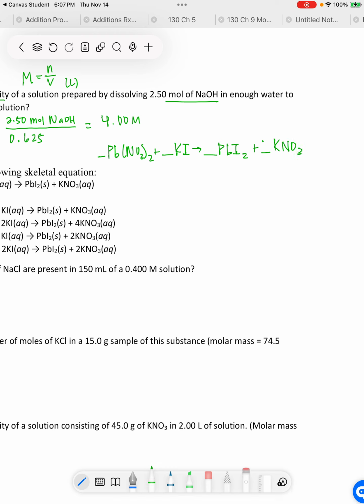Remember, if our polyatomic ion, which is nitrate, stays intact, we can keep it intact when balancing. So we have lead, we have nitrate. I'm going to keep that intact instead of splitting it up into nitrogen and oxygen. We have potassium, we have iodine. Over here we have the same, obviously.